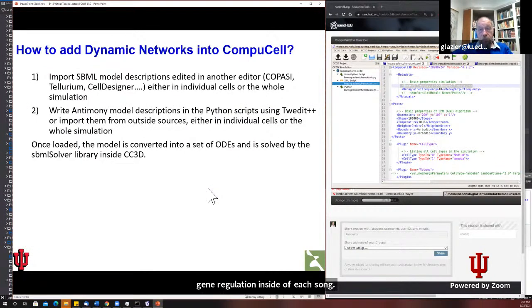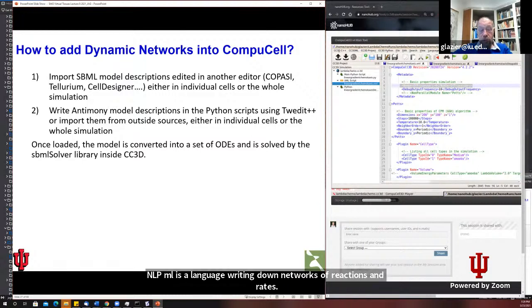And so we want to be able to add these kinds of dynamic networks into CompuCell. And there are 2 basic language ways to do it. There's a language called Systems Biology Markup Language, SBML, which is an XML, like the CompuCell3D XML. SBML is a language for writing down networks of reactions and rates.